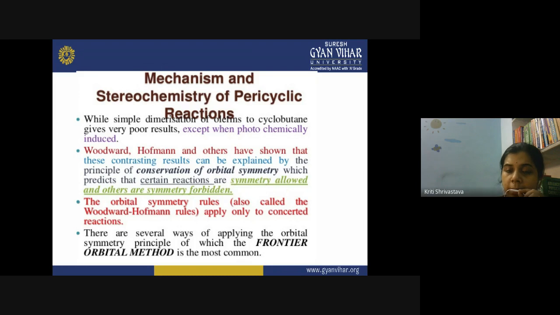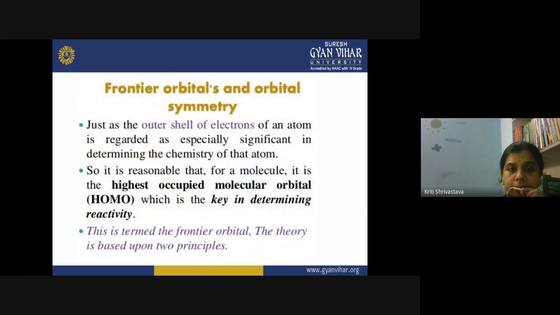So the method that we use to address this type of reaction is the frontier orbital approach. Now let us see what it is. Frontier orbital approach is related to the frontier molecular orbitals of a molecule.